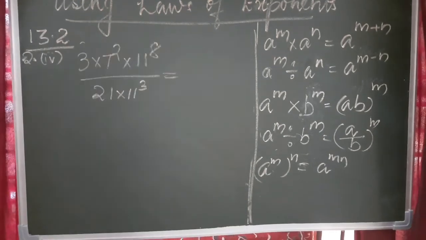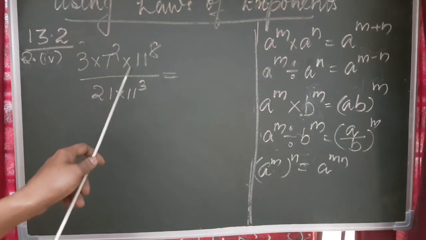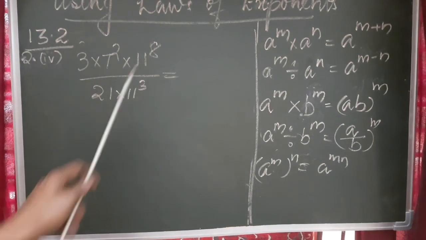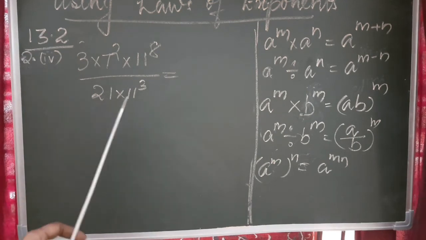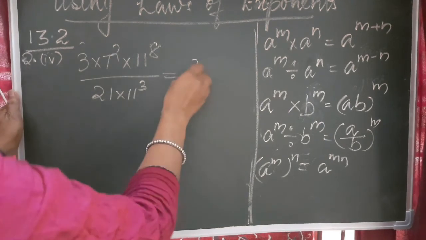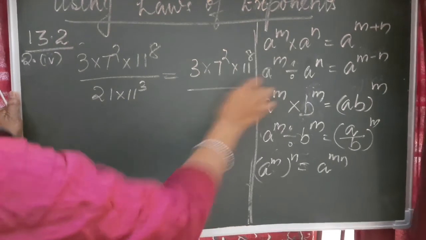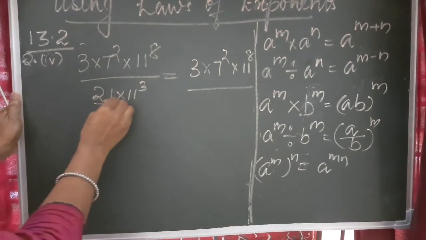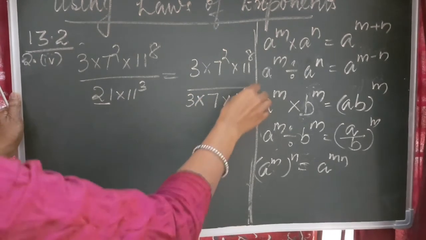to 5. The next part, 3 into 7 raised to 2 into 11 raised to 8 divided by 21 into 11 raised to 3. Here 21 can be written as 3 into 7. So let's write 3 into 7 raised to 2 into 11 raised to 8 divided by 3 into 7 into 11 raised to 3.